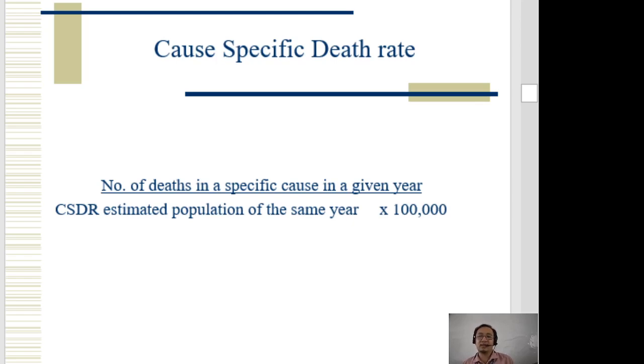So when you say cause specific death rate, what is the implication of this? It can identify the greatest threat to the survival of the population. You can identify the greatest risk of dying of a certain population. You might say, so we have high cases of hypertension.